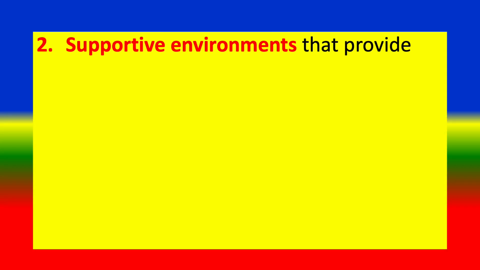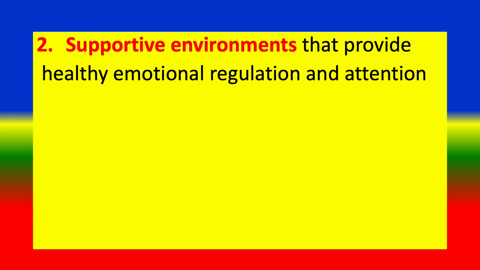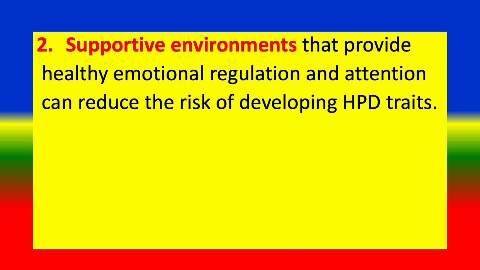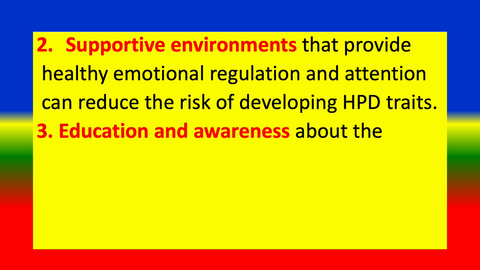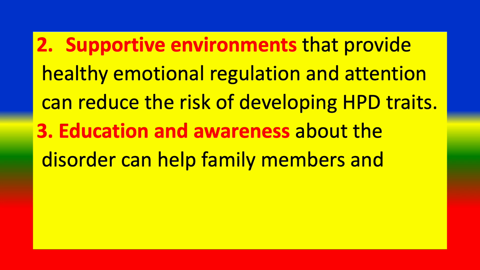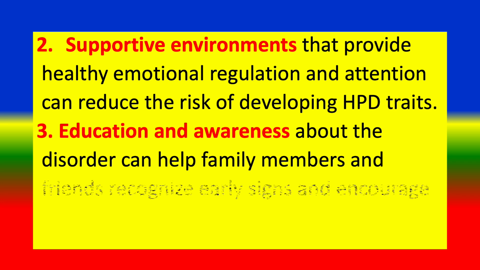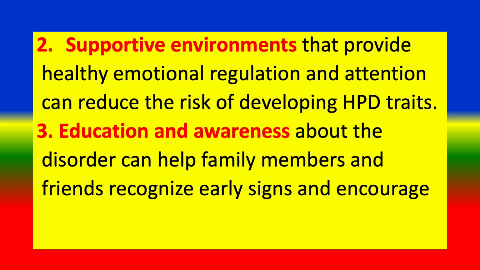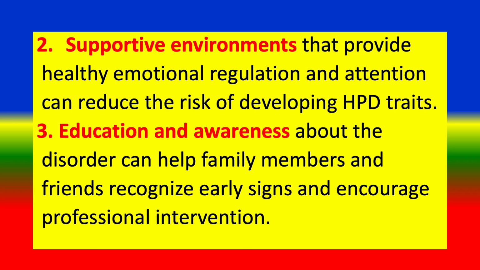Two, a supportive environment that provides healthy emotional regulation and attention can reduce the risk of developing HPD traits. Three, education and awareness about the disorder can help family members and friends recognize early signs of HPD and encourage professional intervention.